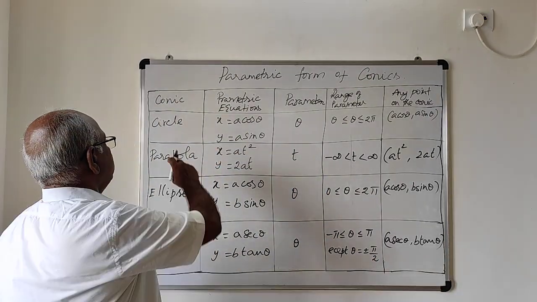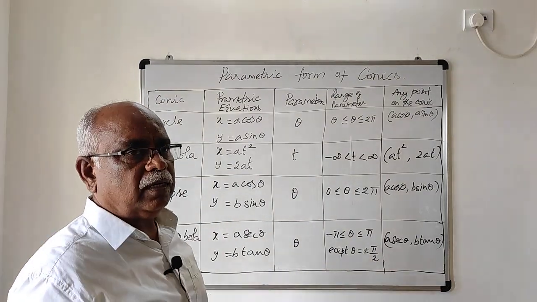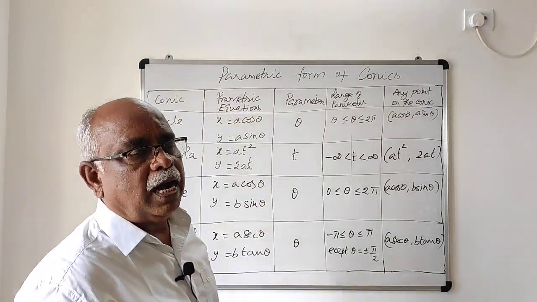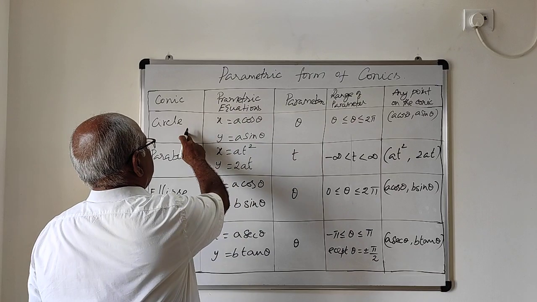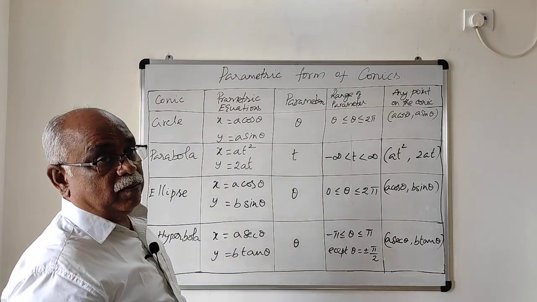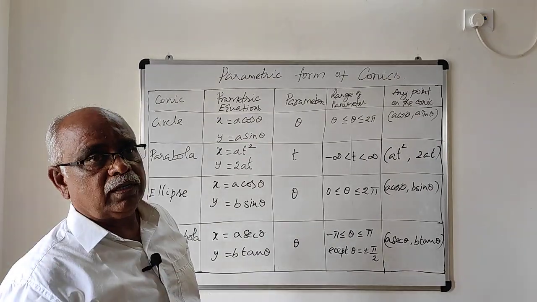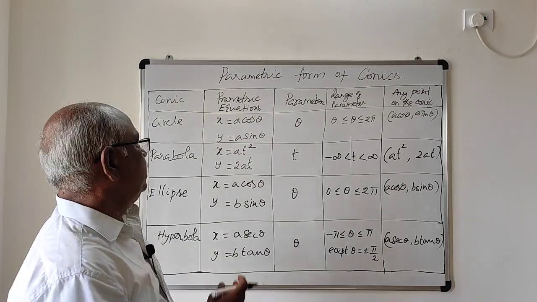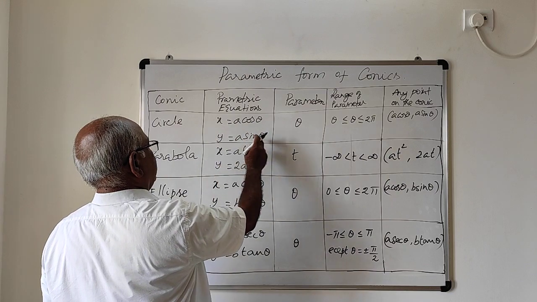If it is the case, circle with center origin and radius a unit, the parametric equations of that circle are x equal to a cos theta, y equal to a sin theta.